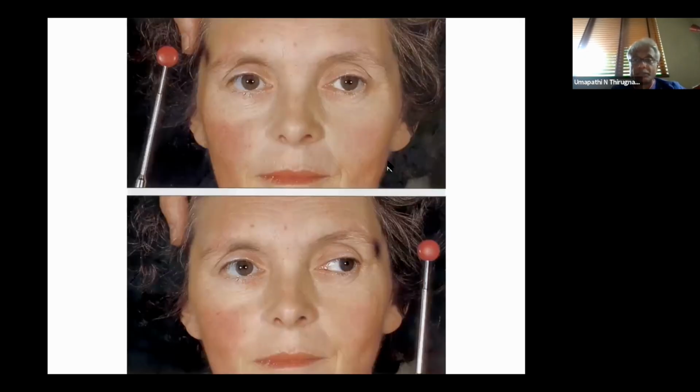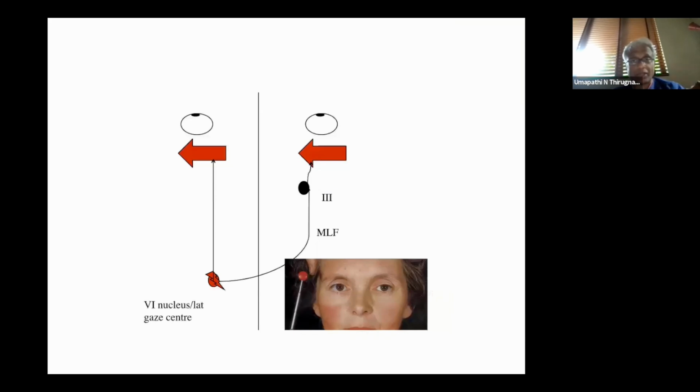Now, because it is 3 out of 4 eye movements affected, this is known eponymously, or rather syndromically, as the one-and-a-half syndrome. Many of you look at the face like this and make a spot diagnosis, which is not foundational. I'd rather you not make the diagnosis, and as I said, it's not the important thing.